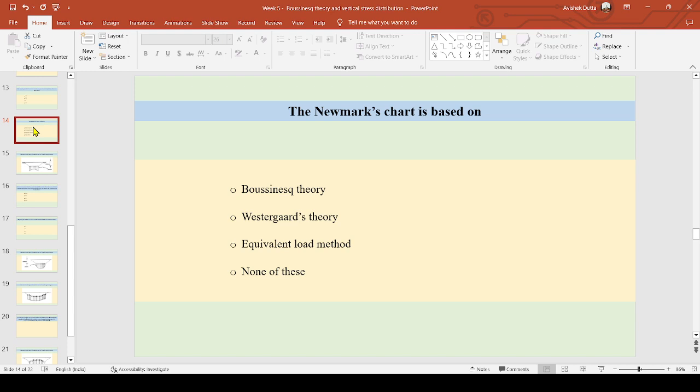The Newmark chart is based on Boussinesq theory, Westergaard's theory, equivalent load method, or none of these?